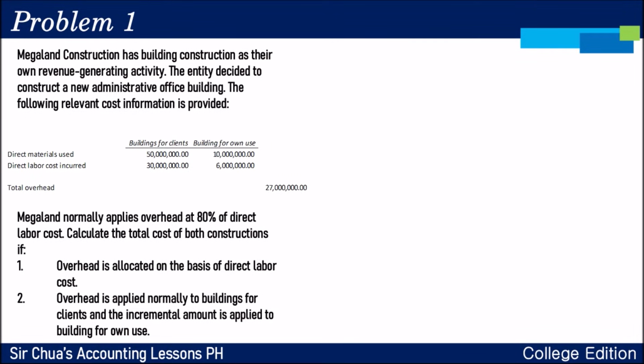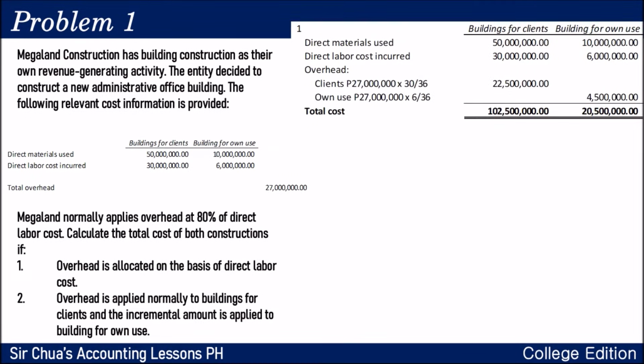Okay, for the first one, this is our solution. So, isa-isahin po natin. Lista lang po natin yung direct materials na ginamit natin for buildings for clients, which is 50 million, and building for own use natin na 10 million. And then the labor cost for the buildings for clients is 30 million, and then for own use is 6 million.